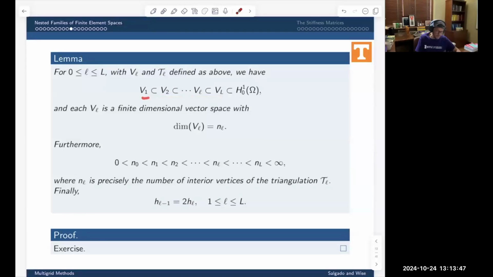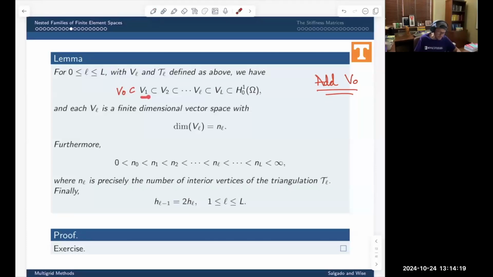So V1 is going to be a subspace of V2. There's no reason to leave out V0, so V0 also is in this chain. They're a nested family of subspaces, so that each one at the lower level is a subspace of the one at the finer level.